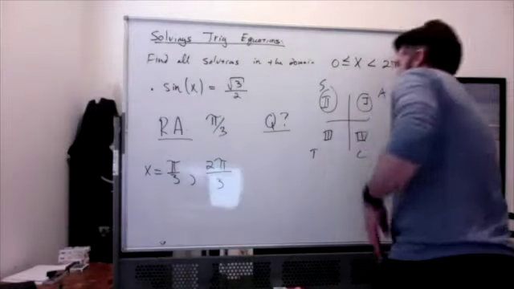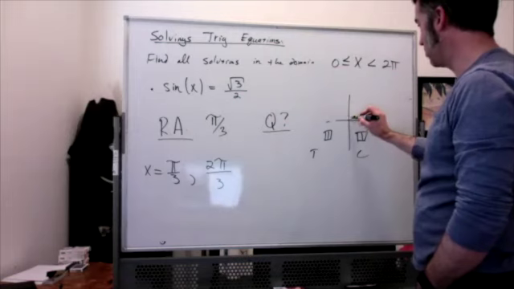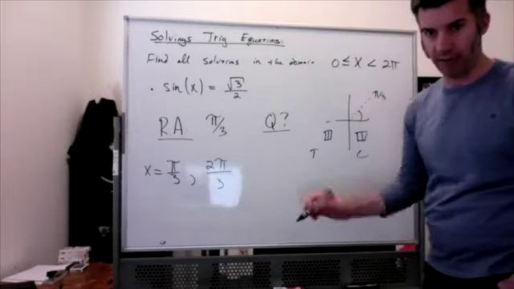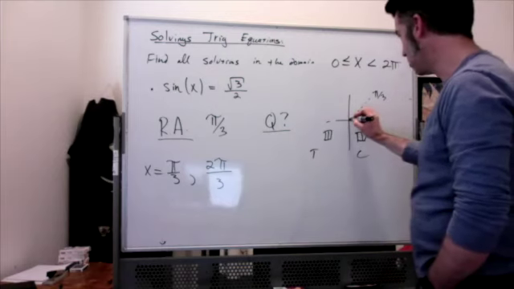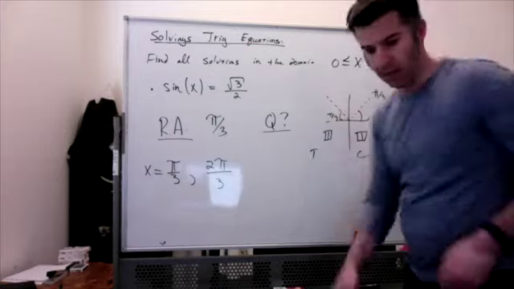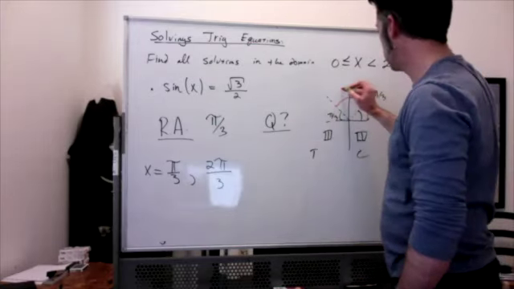So in quadrant 1, pi over 3 has the reference angle pi over 3. In quadrant 2, the reference angle is pi over 3, and the actual angle is 2 pi over 3.